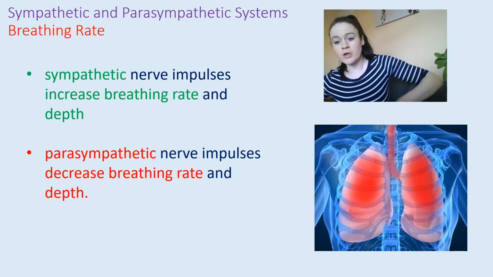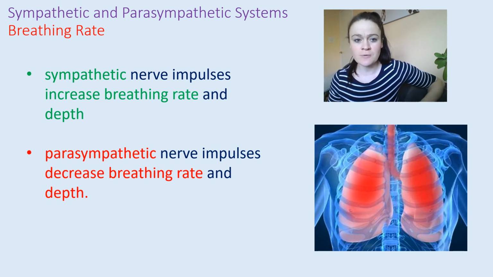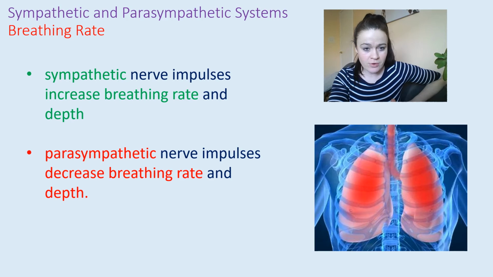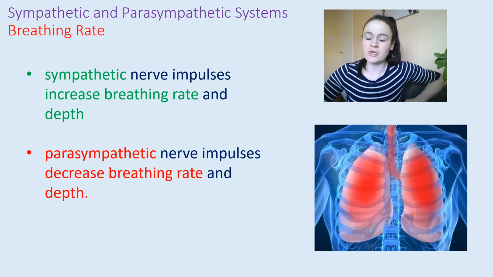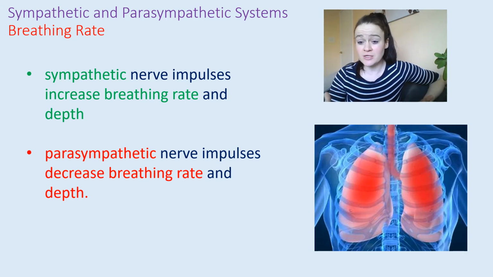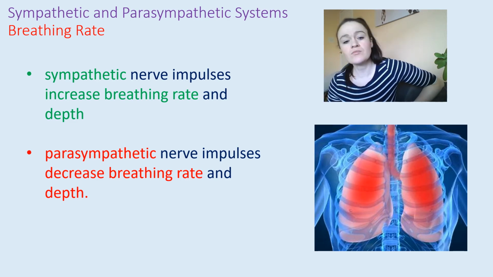For fight or flight, we're wanting to move our muscles, we want to get away from a dangerous situation. So by increasing our heart rate and increasing our breathing rate, we are getting more oxygen into the blood and moving that blood around the body faster. This therefore gives the muscles the things they need to allow them to work and allow our body to respond.